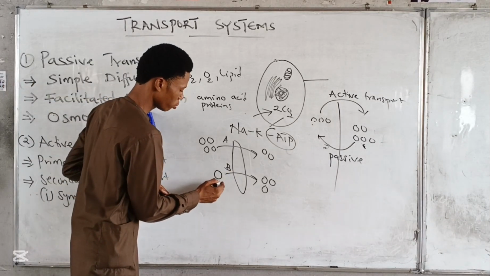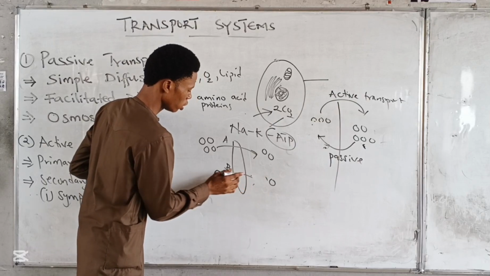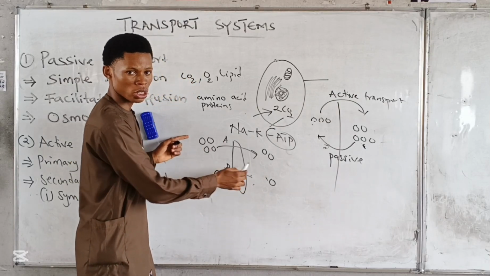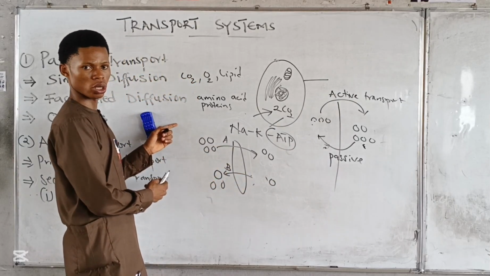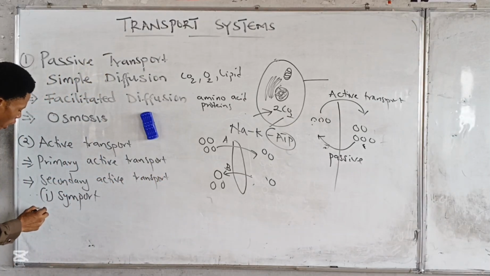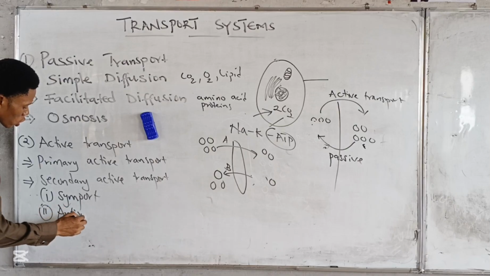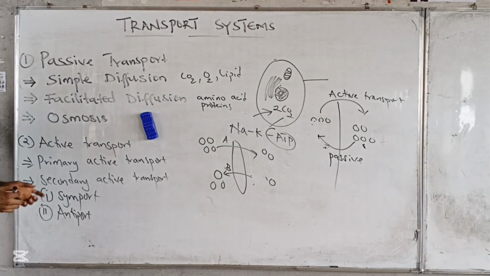But if they are transported in opposite directions, one going this way, one going this way, we call that what? Antiport. Please, this is not the classes of transport. We have classes of transport which I will talk about. But the two types of secondary active transport are symport and antiport.